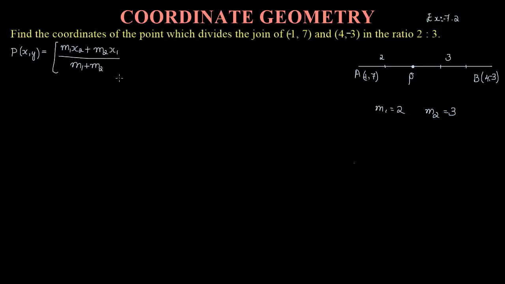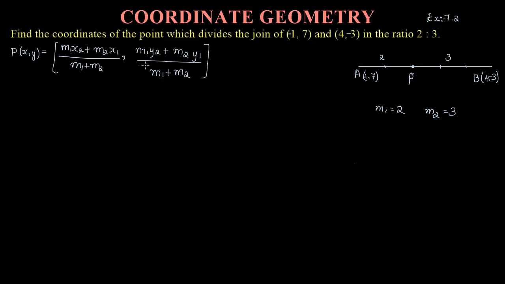So this is the formula to find the x coordinate. If you want to find particularly the x coordinate, then you can stop here itself, but they have asked you the complete coordinate, so you need to find both x and y. In the same way here also, m1 y2 plus m2 y1 divided by again m1 plus m2.